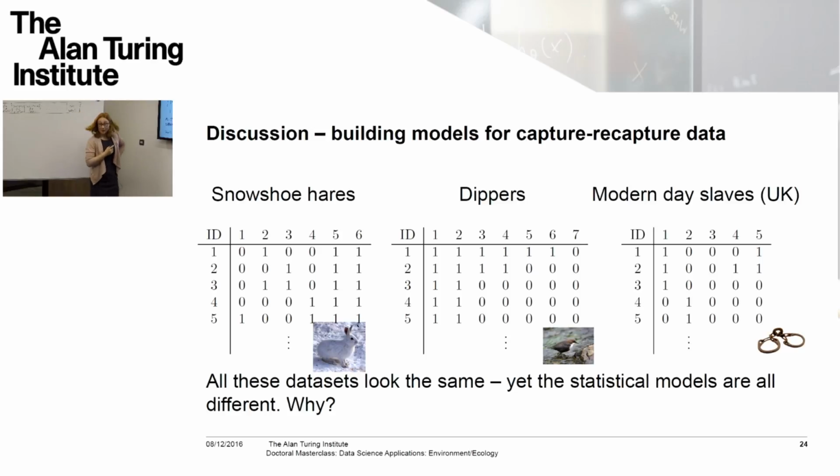So, potentially... Dippers is annual. Snowshoe hares was days. And this isn't even time. So, what are these capture occasions? I'd say the first two are the same in that they are physical capture occasions.